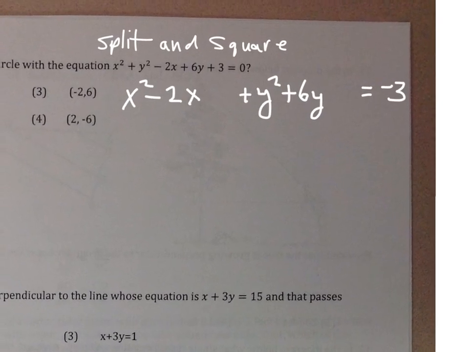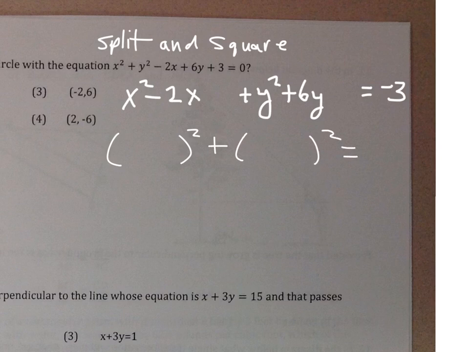As I said before, I'm putting the x's all in the same neighborhood, the y's all in the same neighborhood, and my goal is to turn it into an equation of a circle that looks like that. So the target is to have an equation centered at another point other than the origin, and the technique is called split and square.